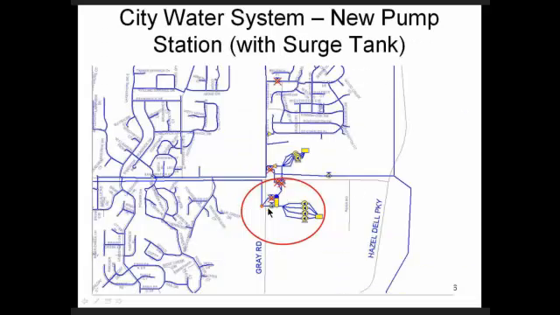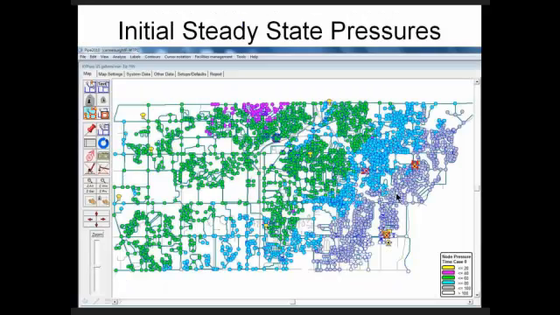This is just an expansion, a Surge 2000 program zoomed in at the pump station. So these 4 pumps were going to trip, and we wanted to look at the analysis. This was just the initial steady state, showing the pressures here around 100, and down here they're more like 60.